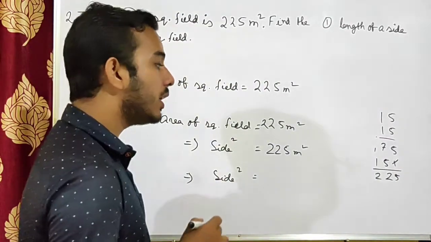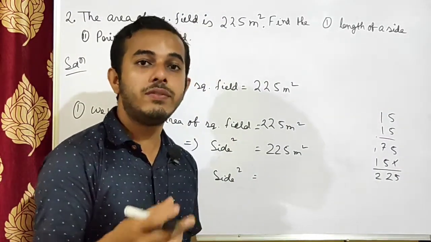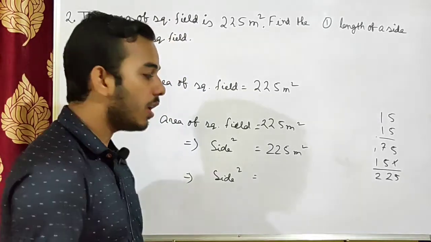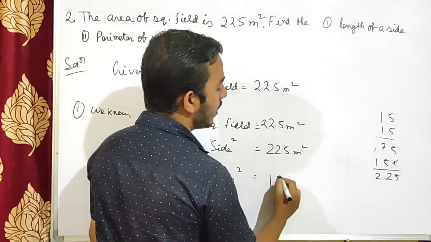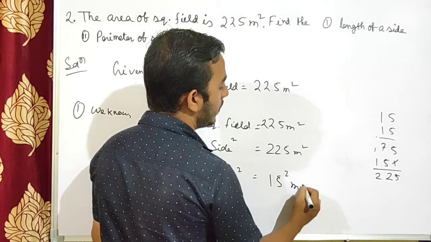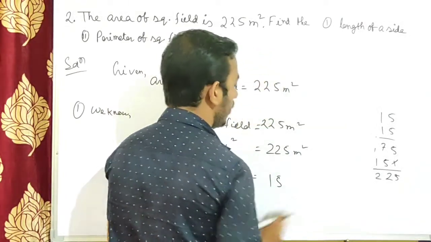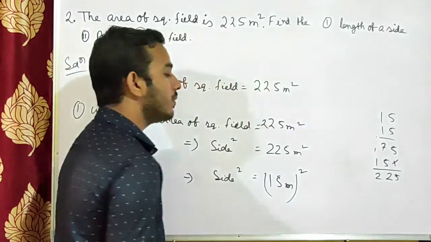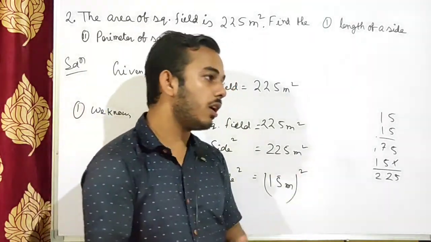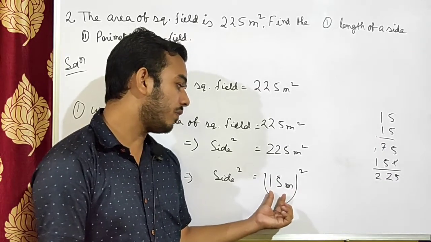That means I want to tell that 225 is the square of 15 meters square. Okay, now in place of 225, can we write it as 15 square meter square? Or we can write like this also, 15 meter whole square, isn't it? Same thing.